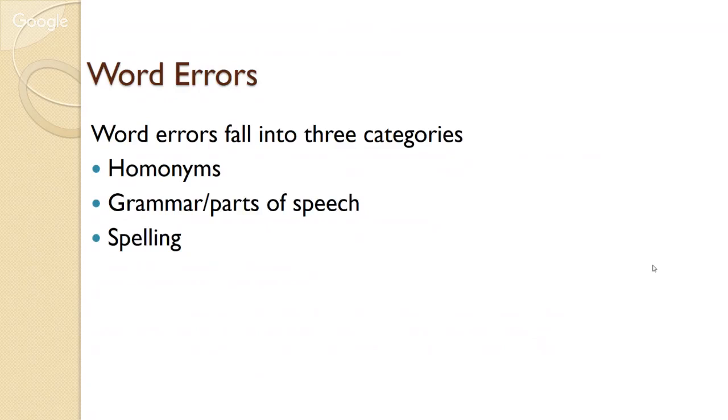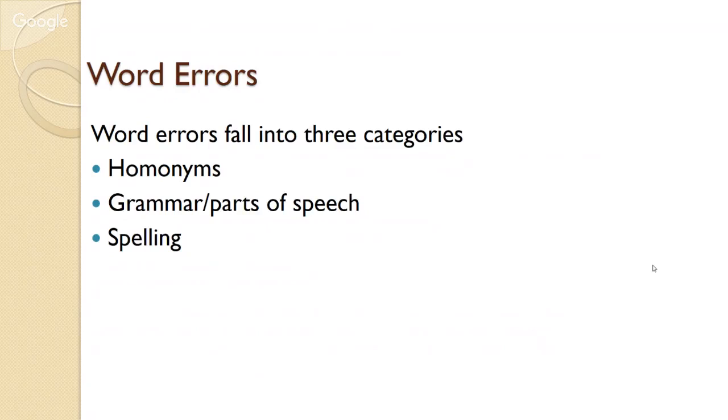Homonyms are words that are spelt in the same way, in which case they're called homographs. Homographs are words that are spelt the same way but pronounced differently. And more commonly, you have homophones, which are words that are pronounced the same or sound alike, but have different meanings. So the most common type of word error is homonymic.